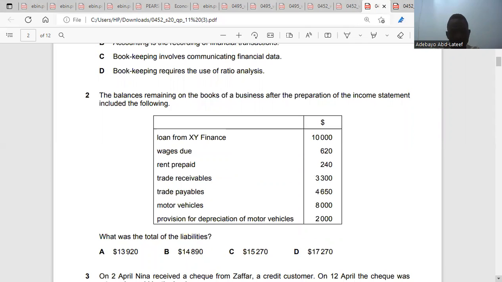For the liabilities, we have the loan from XY Finance, wages due is a liability, rent prepaid is an asset now, trade receivables is a current asset too, trade payables, yes. So we have loan from XY Finance, which is 10,000, plus wages due 620, plus trade payable 4,650. That's 15,270. That's C. So the answer is C.